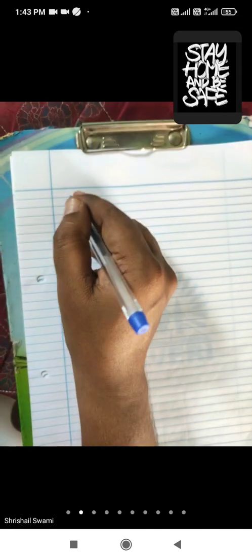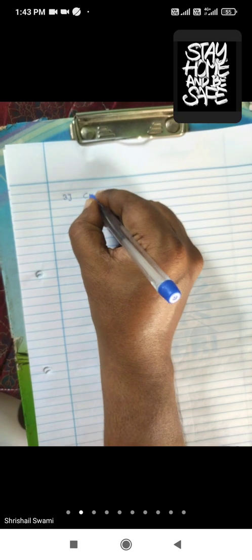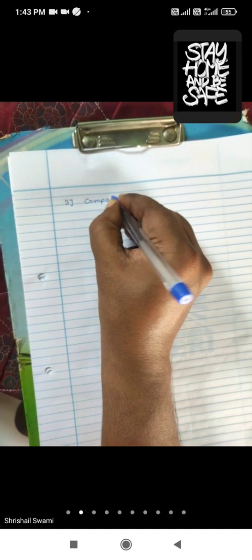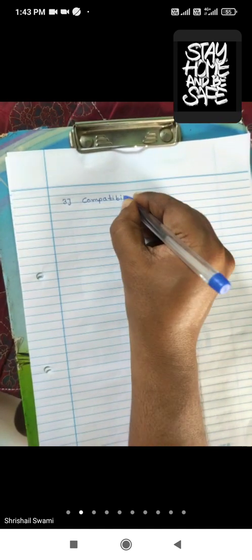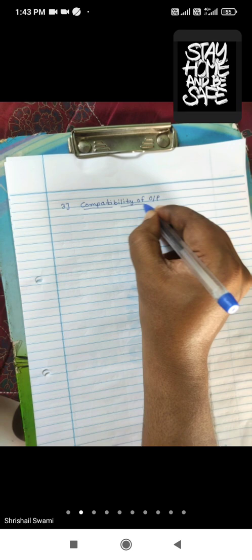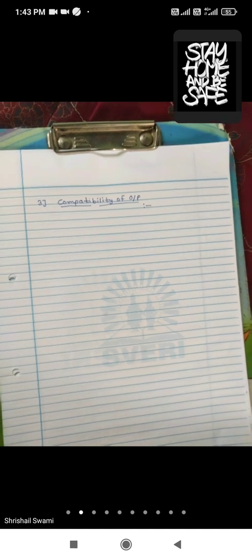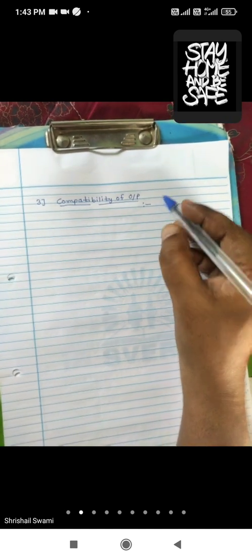Now the third one is compatibility of the output of the comparator. So we are discussing the characteristics of comparator. The third characteristic is compatibility of the output.